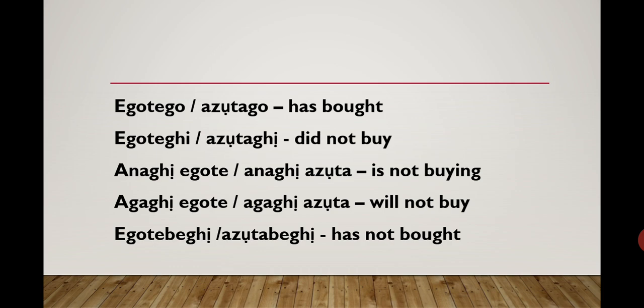Egotego or azụtago has bought. Egotegi or azụtagi did not buy. Anaghị egote or anaghị azụta is not buying. Agaghị egote or agaghị azụta will not buy. Egotebeghị or azụtabeghị has not bought.